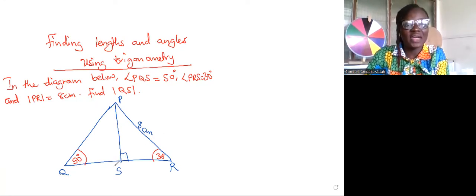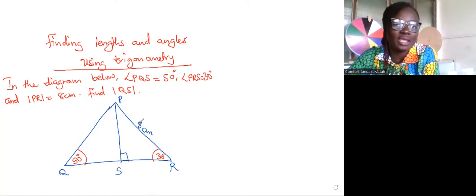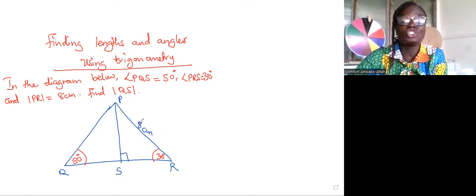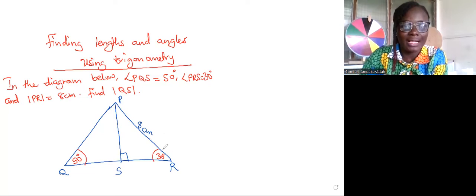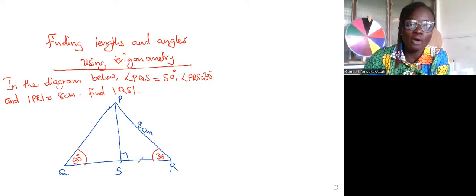And we are to find line QS. You remember that I said for trig, in order for you to find a side, you should be given an angle and a side. With that, you can use it to find the other side. Or if you want to find an angle, then you should have two sides known.